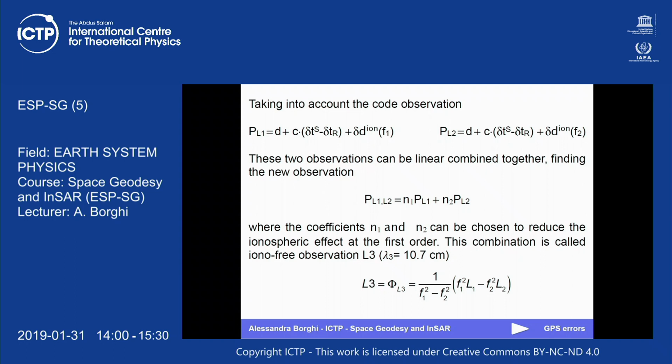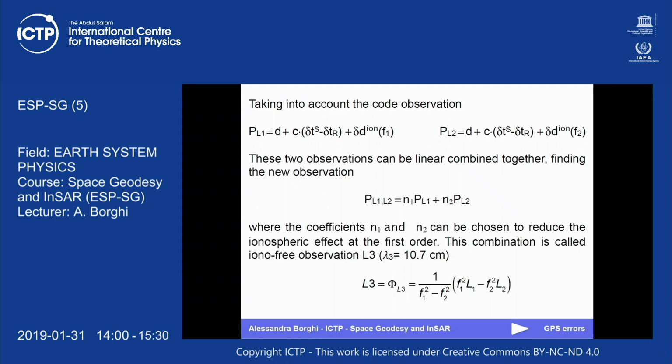We obtain it by combining two observations in our receiver or in our software. If the coefficients N1 and N2 are given by this relationship related to the frequency, we obtain a new observation, L3, that is not affected by the ionospheric delay.